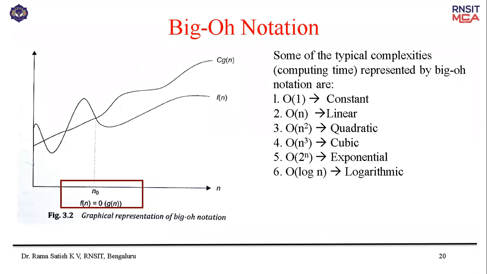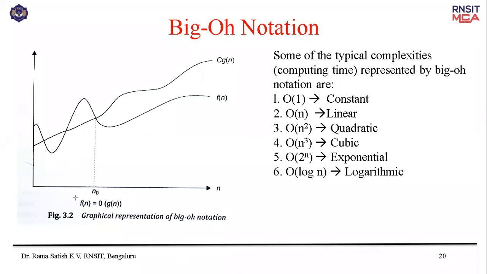The same thing is expressed in this particular graph. Look here, you are always taking the graph of various computation functions, maybe f of n and g of n. And if c of g of n is the highest, then you write it like this.